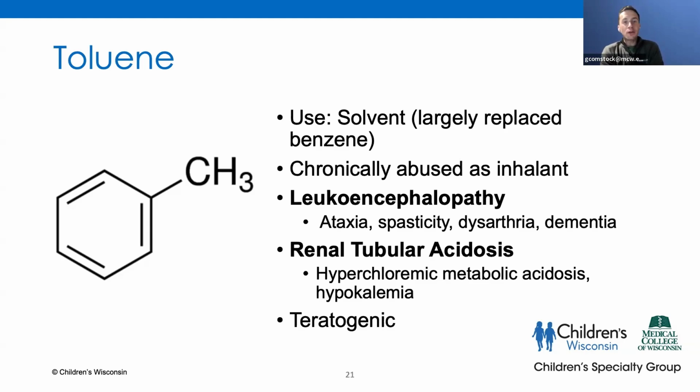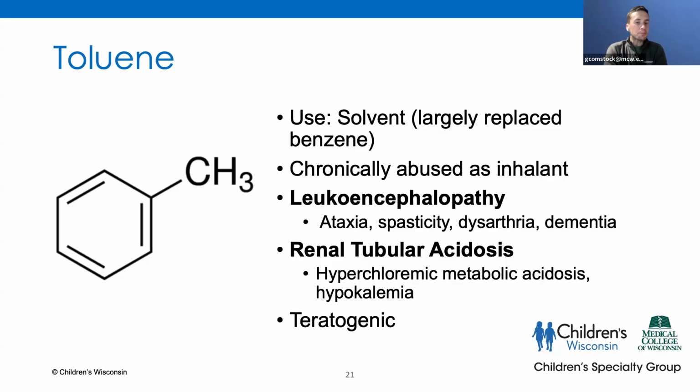There are some characteristic white matter changes that you can see on an MRI for somebody who has been chronically using toluene and has some of these neurological manifestations. They can present with ataxia, spasticity, dysarthria, dementia, paralysis. You can really start to develop some absolutely debilitating and life-altering neurological manifestations from the chronic use of this, unfortunately.